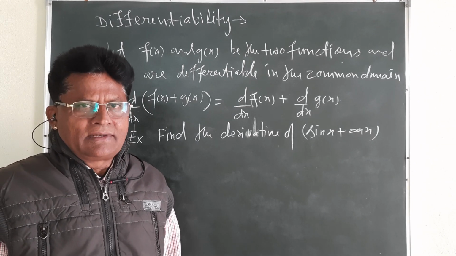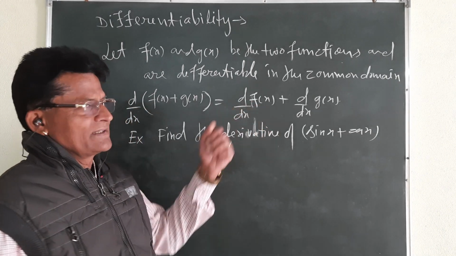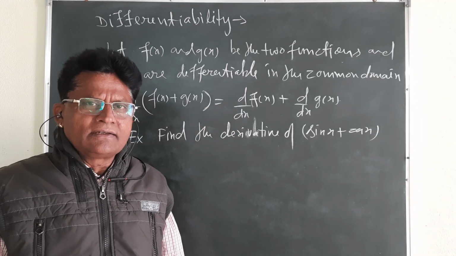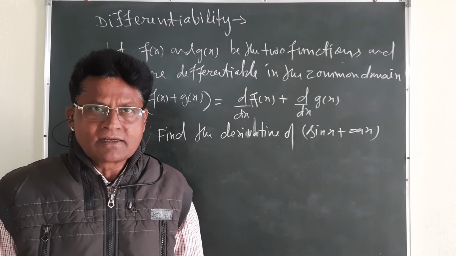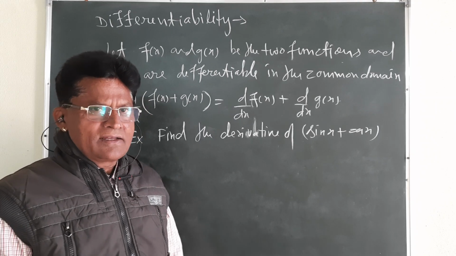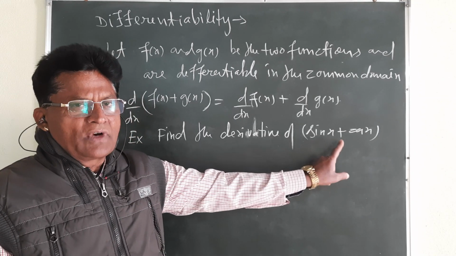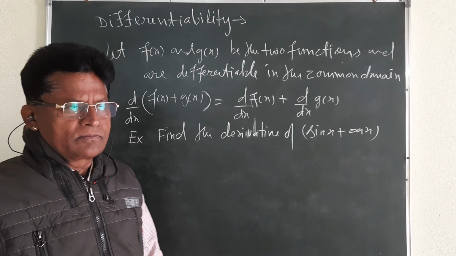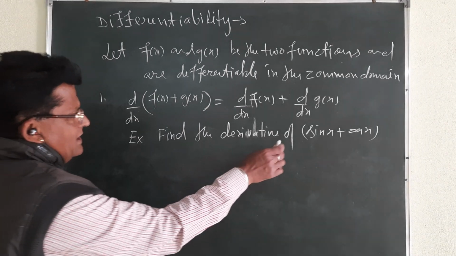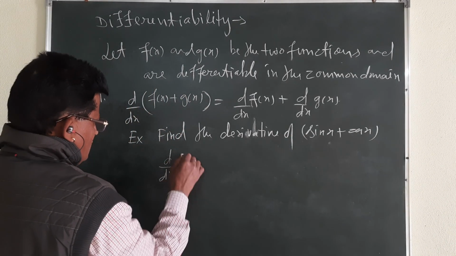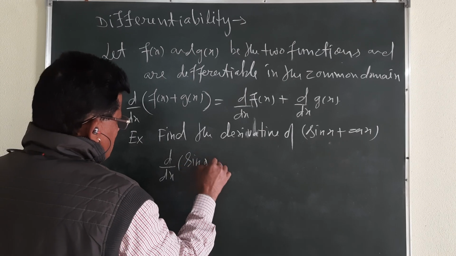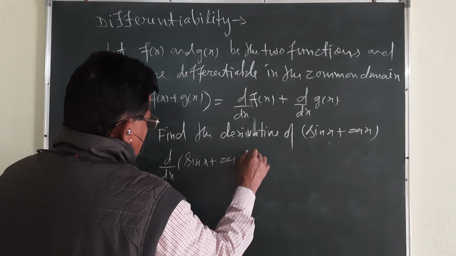As I told you, here we have taken x. In place of x, you can take theta. Then you will find the differentiation with respect to theta. You understand? That is why you must see what the variable is. Try to get its derivative with respect to x, and the sum of the functions is given.